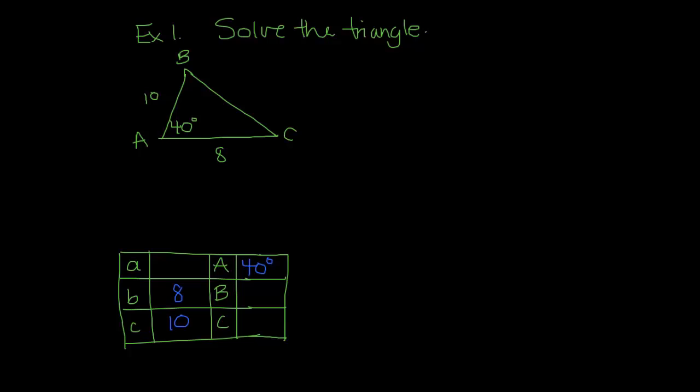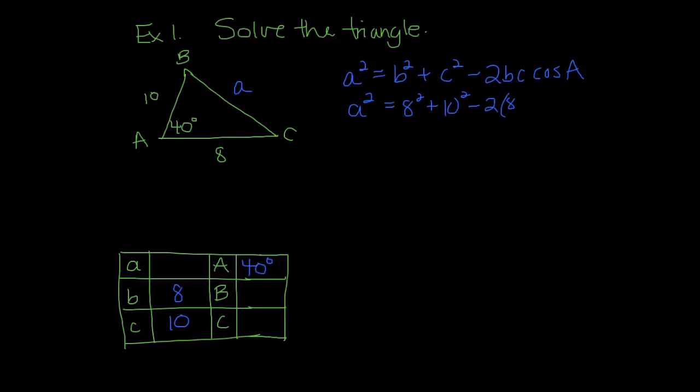So let's see, we really need to find side a. That's what's missing. We know that a squared equals b squared plus c squared minus 2bc cos A. So let's fill in b and c. b was 8, c is 10, and angle A is 40 degrees.